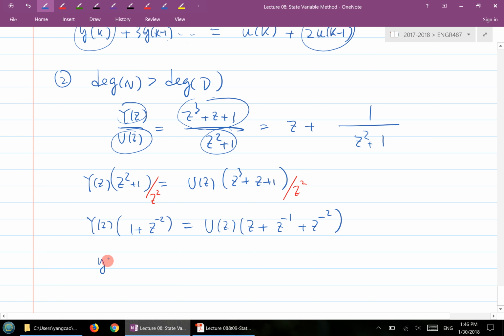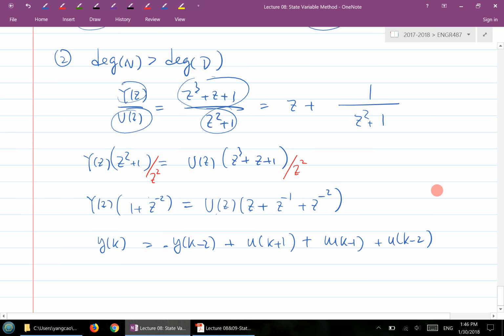What do we get? y of k equals negative y of k minus 2 plus, what's this one here? u of k plus 1, exactly. So this is the case when the degree of the numerator is greater than the degree of the denominator.